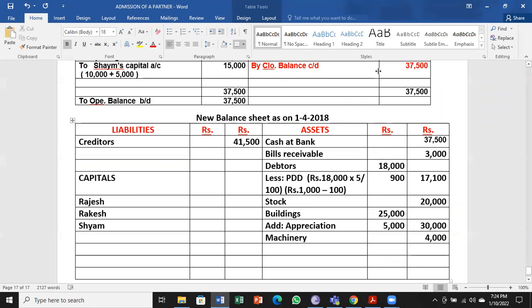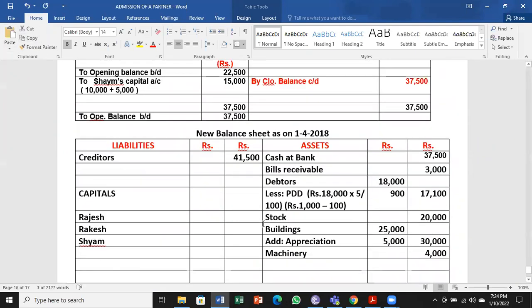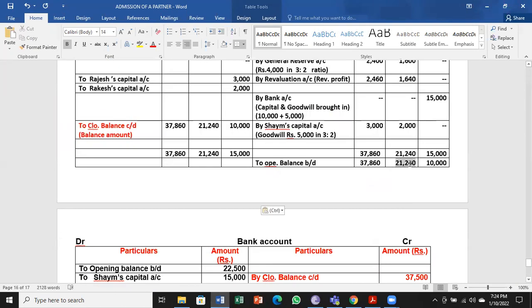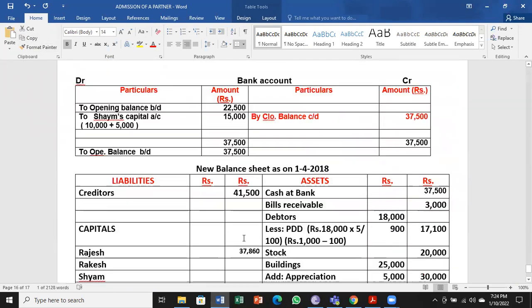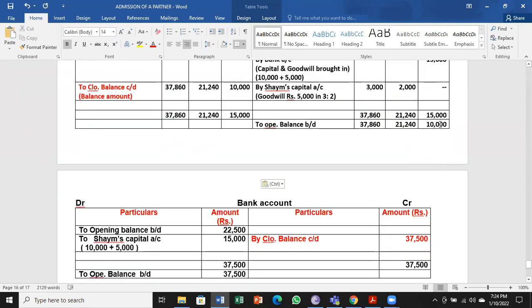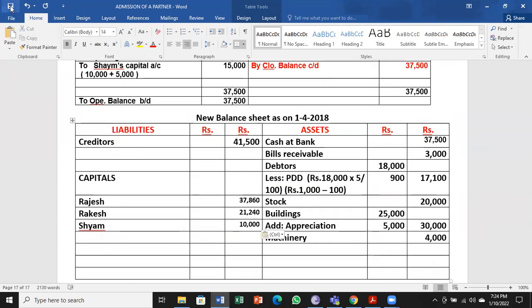So 3 partners. The 3 partners capital we take from here. The opening balance or the closing balance, one and the same. Copy properly when you're doing it in the exam, in the class. Be careful with the amounts you write.